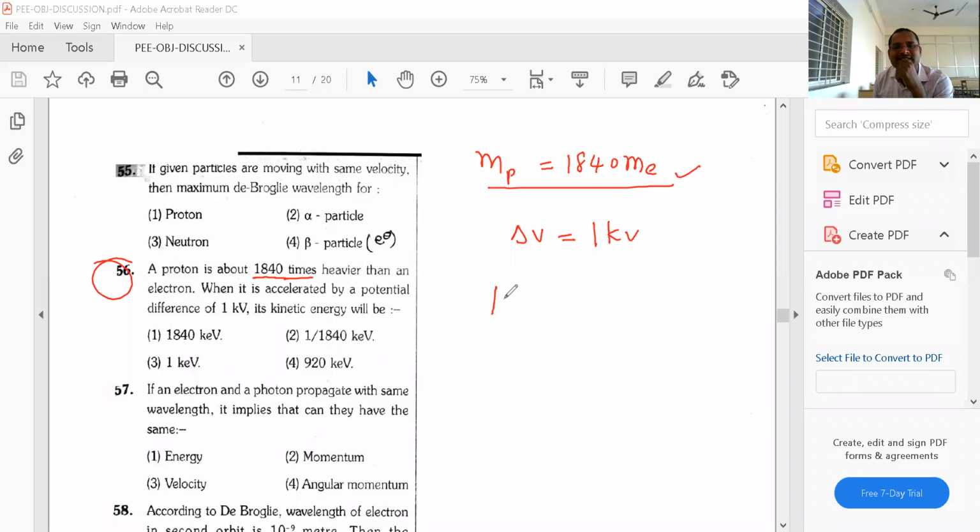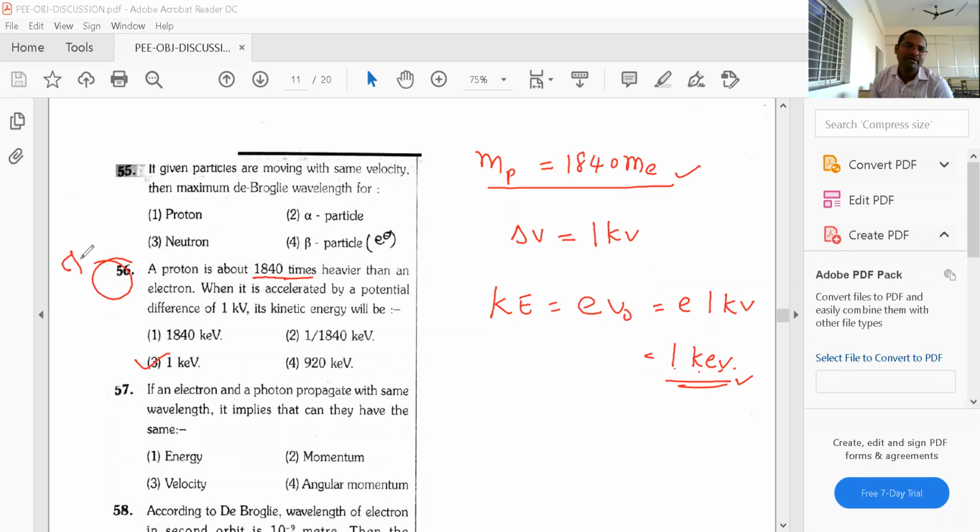Then what is the kinetic energy? Kinetic energy is nothing but e times V, the potential difference. So it will be 1 kilo electron volt. Option 3 is the right answer.